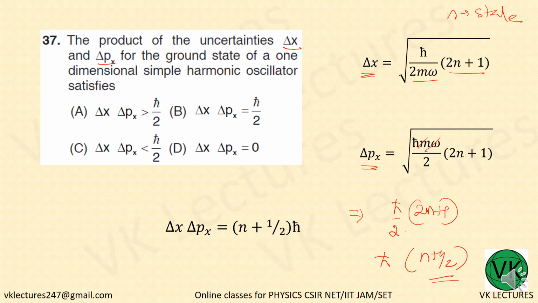Now the question is for the ground state. Ground state means n equal to 0. First excited state means n equal to 1. So for n equal to 0, your delta x into delta px value is equal to h cross by 2. This is for any state.